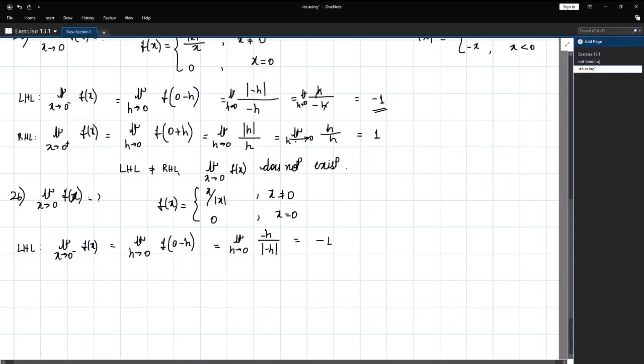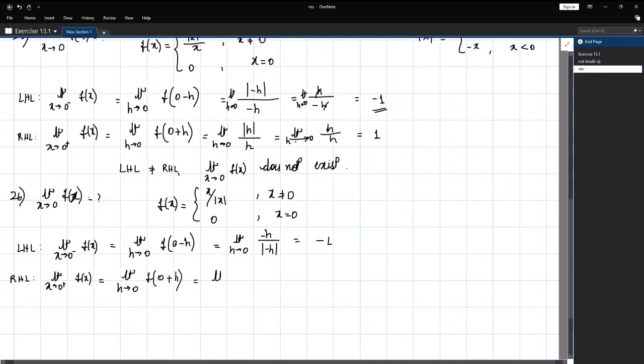So here minus h comes because h is a negative value. We are approaching 0 from the negative side. So the right hand limit is nothing but limit x tends to 0 plus of f of x, that is nothing but limit h to 0 of f of 0 plus h.